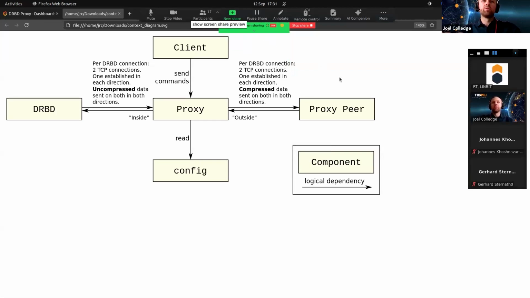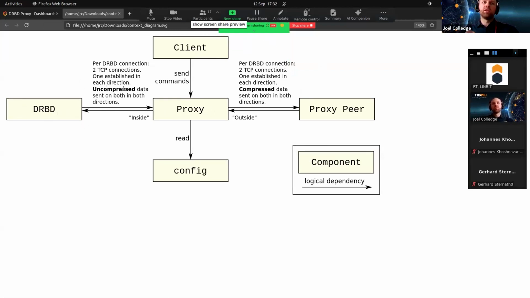So this is a basic context diagram for DRBD Proxy. The proxy is in the middle. DRBD is here. When you write to DRBD, DRBD sends its data, and instead of sending it to the DRBD peer, it sends it to the proxy, but DRBD doesn't know anything about this. It's a transparent proxy as far as DRBD is concerned.